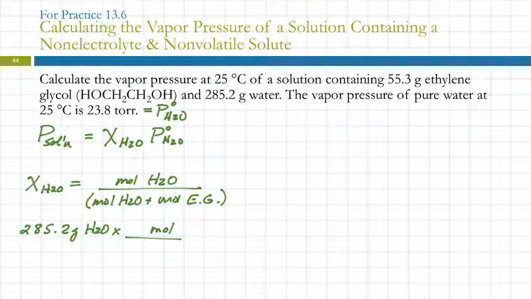So a mole, and for water it's 18.02 grams. Clear the calculator. 285.2 divided by 18.02. 15.8268 moles of water.